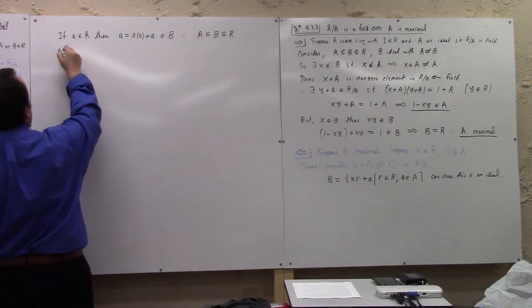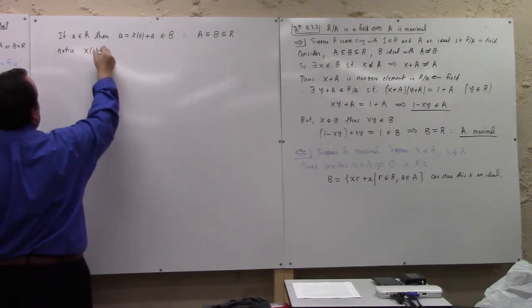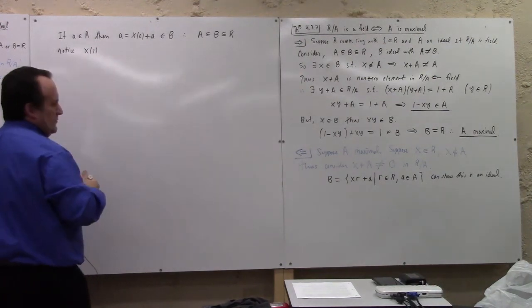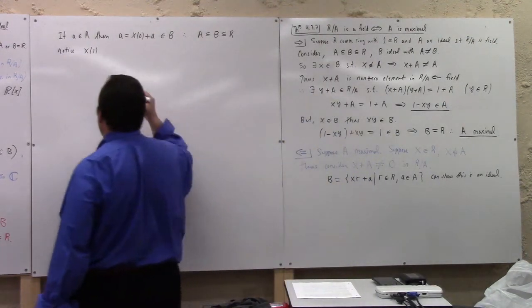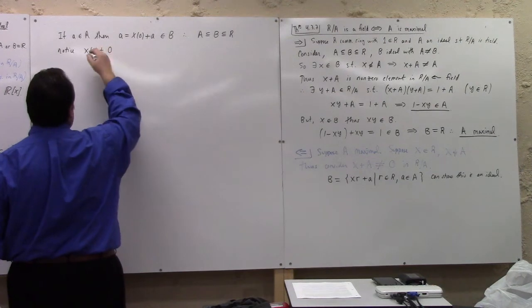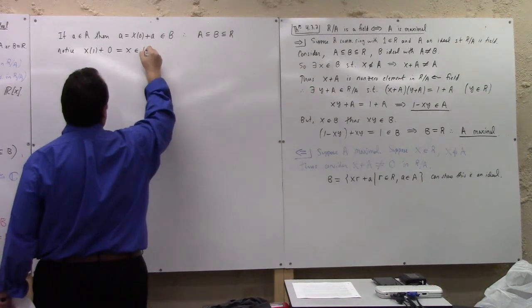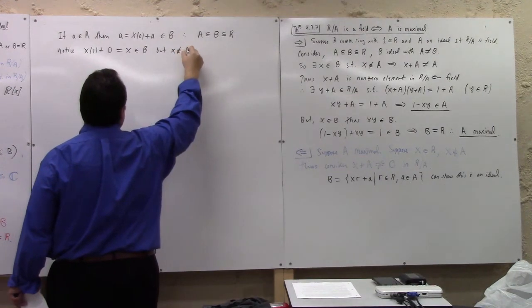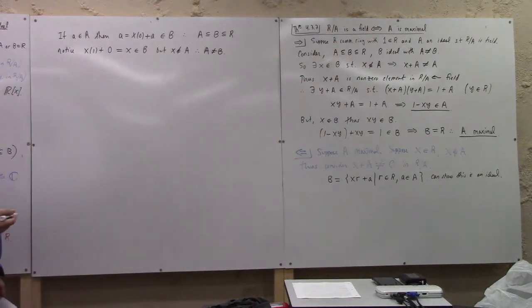Notice x times 1 plus 0. 0 is in A, since A is an ideal, so it's a subring. So x times 1 plus 0, which is equal to x, is an element of B by construction, but x is not an element of A. Therefore, A is not equal to B because they differ on at least the element x. I think that's missing from my current proof.